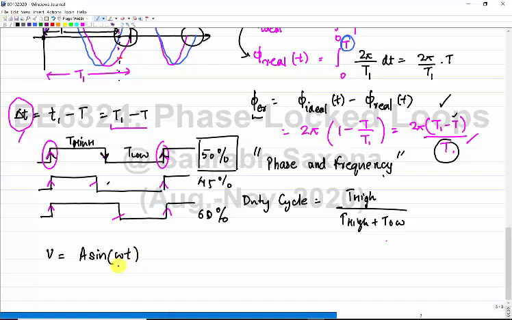Well, we see if this is a sine wave of such kind of system, the phase of the signal, because the frequency is not fixed, you cannot write omega t, you have to write the integral of omega dt, because omega is a function of time.